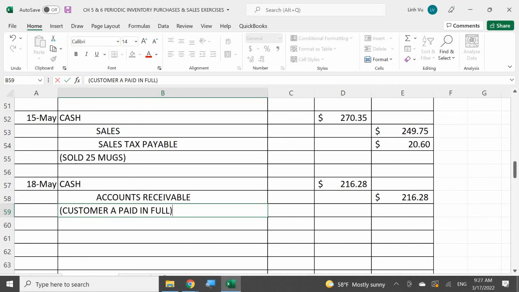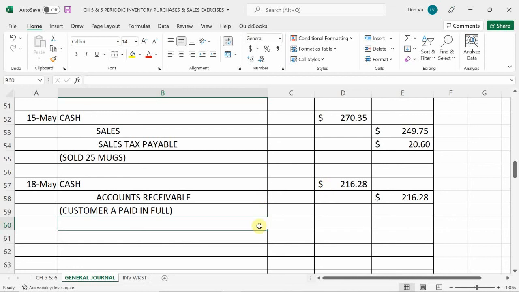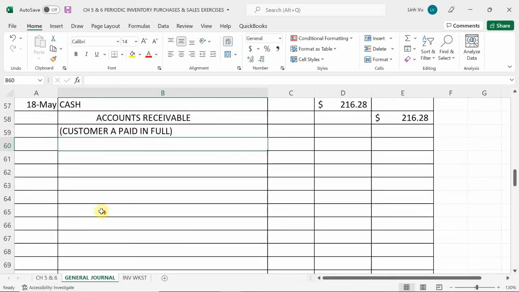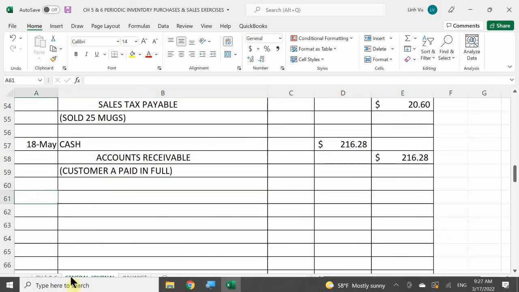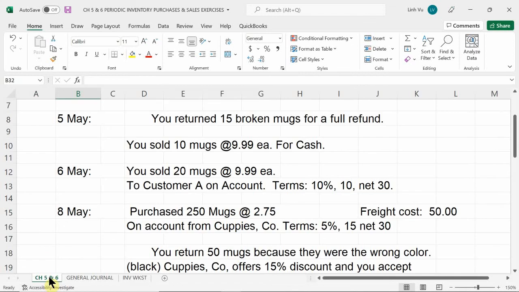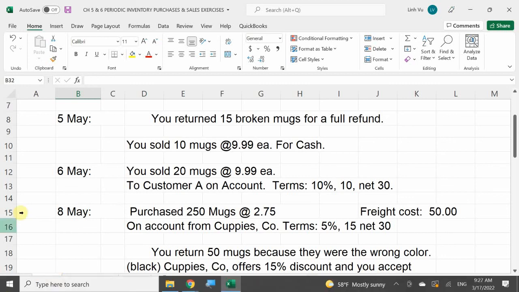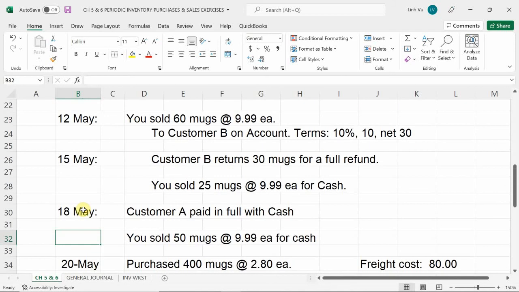Because no receiving any discounts or anything like that. Now, of course, if a customer makes a payment, does that affect my inventory at all? No, it will not affect anything with inventory because we're not making a payment.